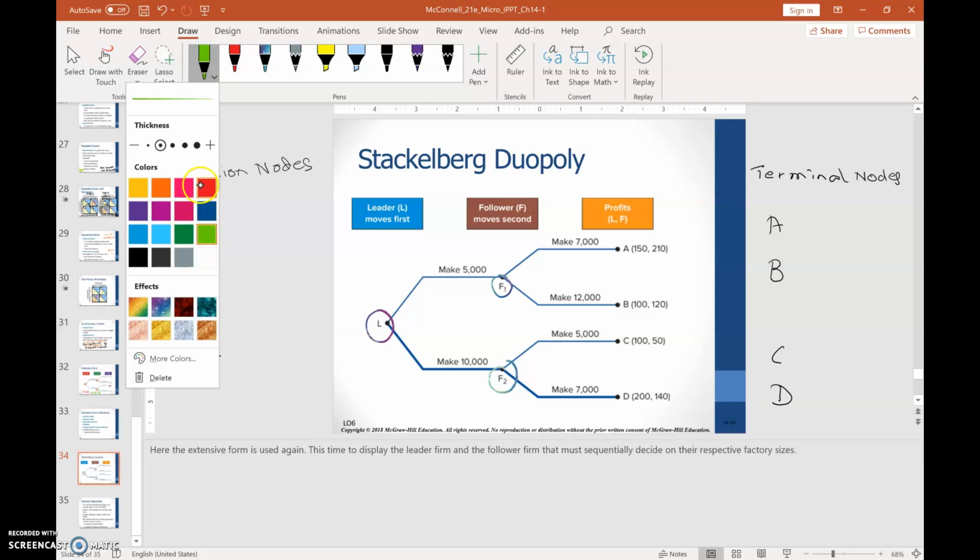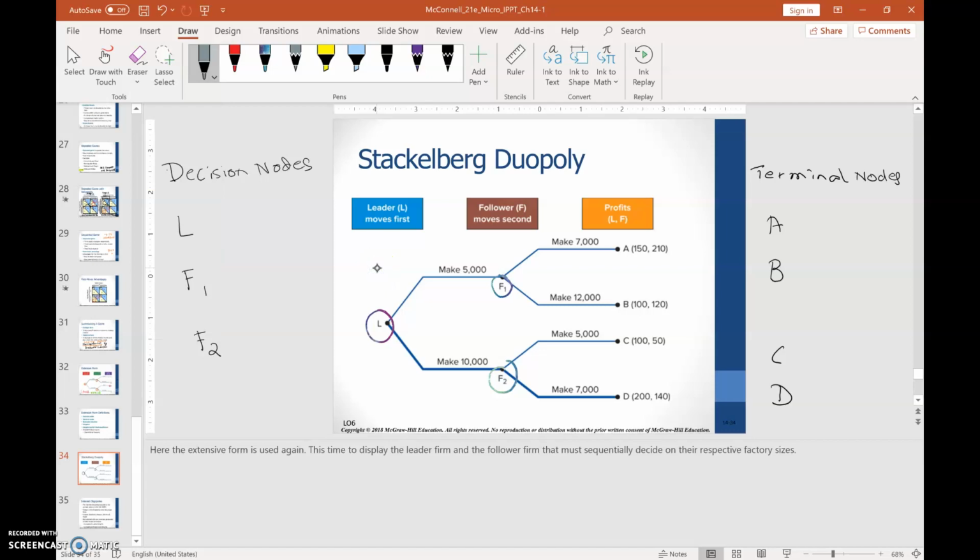So the second number in each of these games is for the follower and the first number is for the leader. We have 4 terminal nodes which are A, B, C, and D, and we have 2 subgames. This is a subgame or a minigame, and this is another subgame.